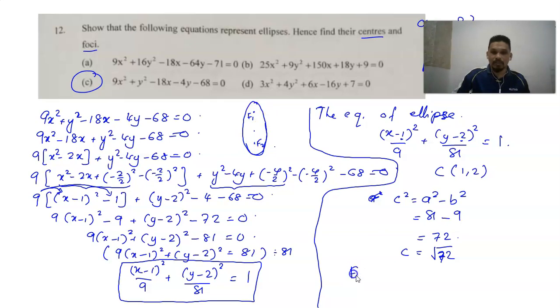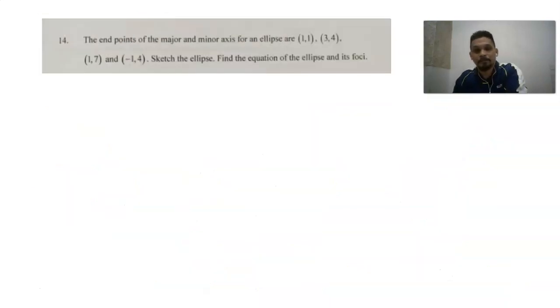So the first and second focus points, from the center of 1 and 2, are F1 equal to 1, 2 plus square root of 72, and F2 equal to 1, 2 minus square root of 72. There you go. Okay, now the ends of the major and minor axes of the ellipse are given here.